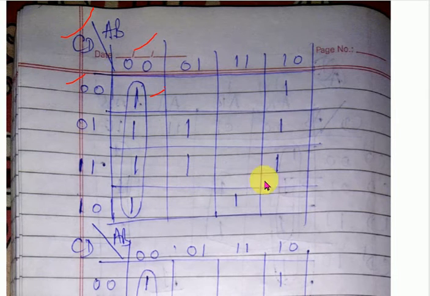So you can see here we are unable to draw the basic block of size 8 by 1 or 4 by 2. We are unable to draw the basic blocks of 4 by 2 or 8 by 1.